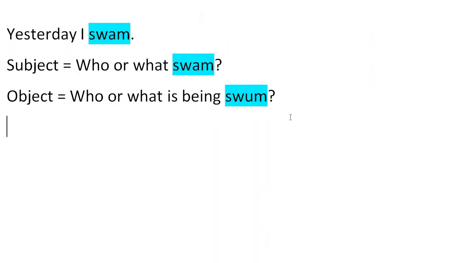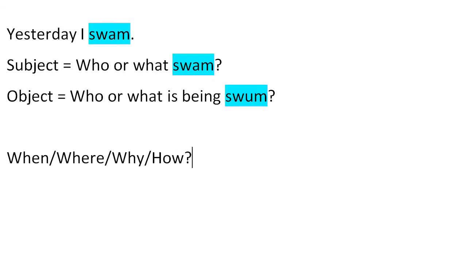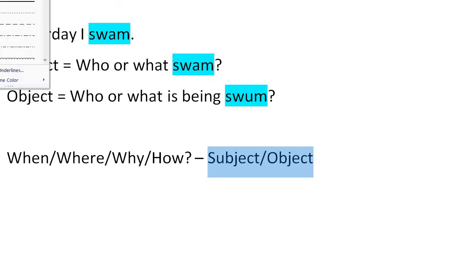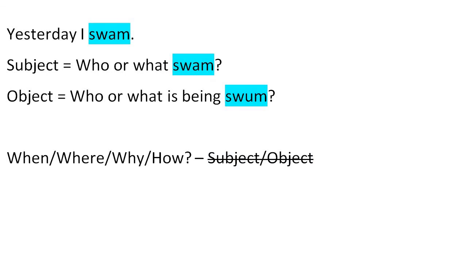So I'm going to scroll up here and just say that if you are answering the question when or where or why or even how, then it is not a subject or an object, okay? Because it's not the thing that is being acted on. It's also not the thing that is doing the action. Because yesterday is answering the question of when. It's not who or what swam.